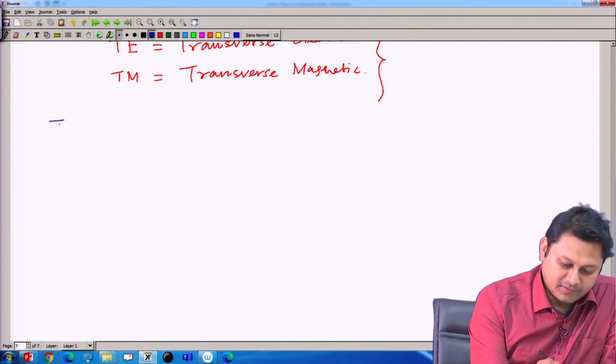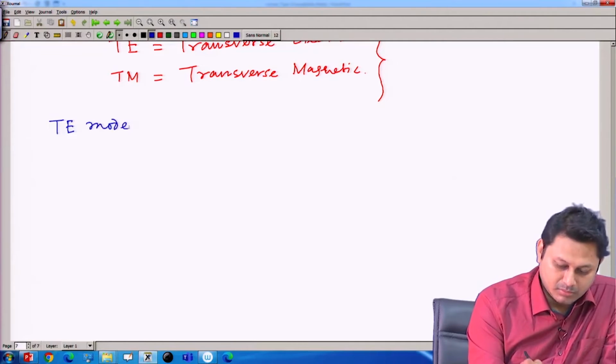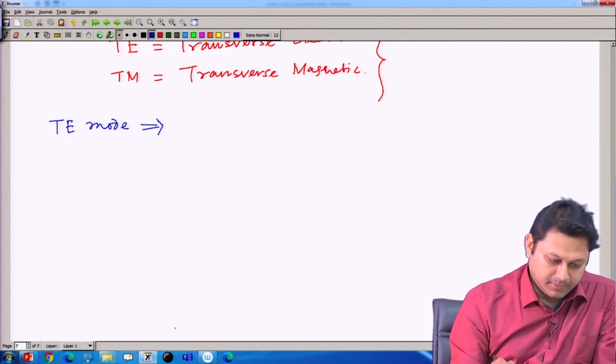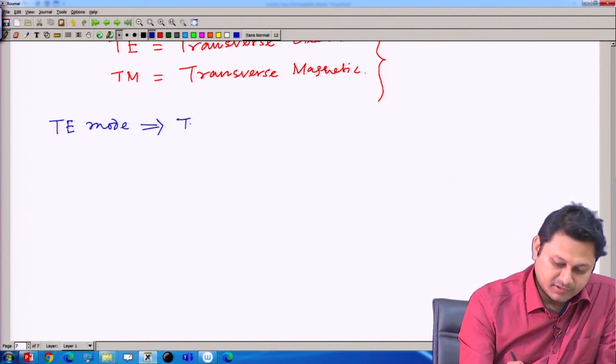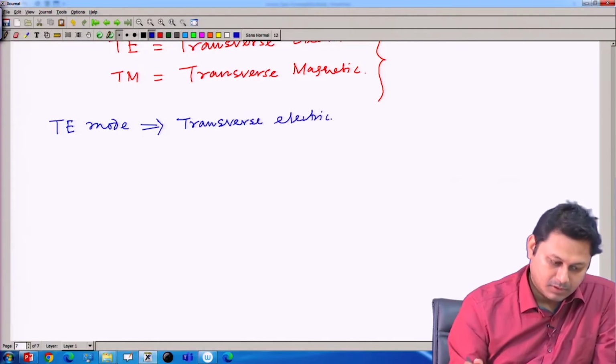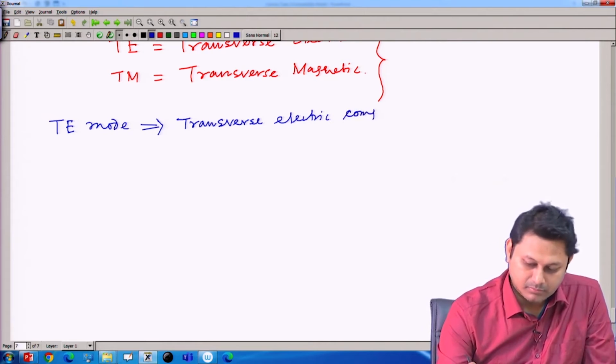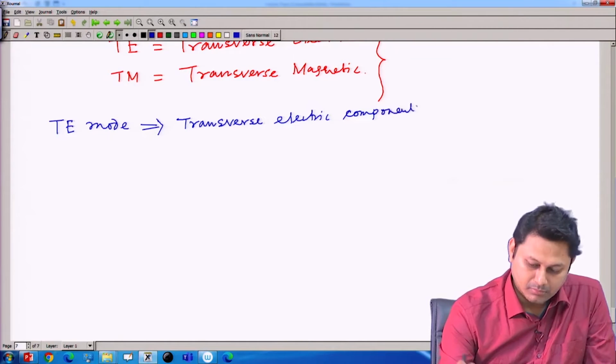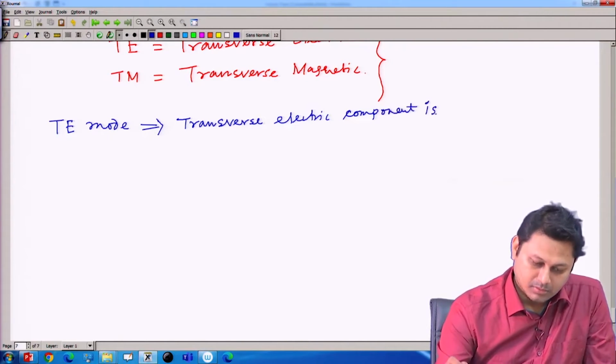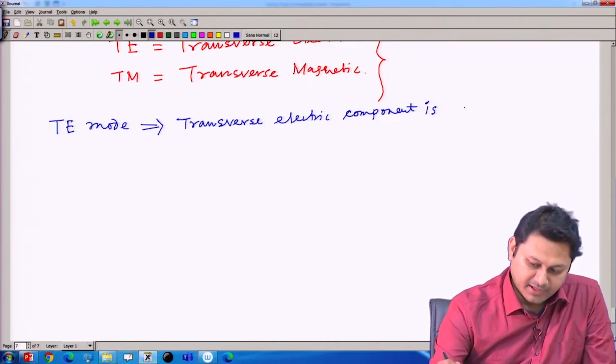Transverse electric mode means that the transverse electric component is non-vanishing.